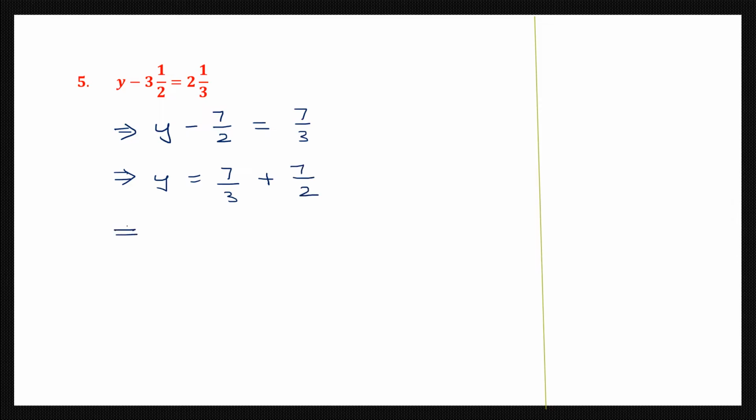So now to find the value of y, we have to add up 7 by 3 and 7 by 2. So the first step is to find the LCM of 3 and 2. So 3 and 2, let's start with 2, 3, 1. Then we go on to 3, 1 and 1. So the LCM is 2 into 3, 2 3s are 6.